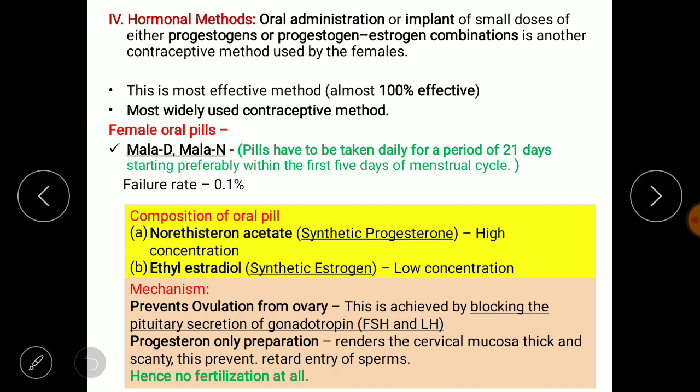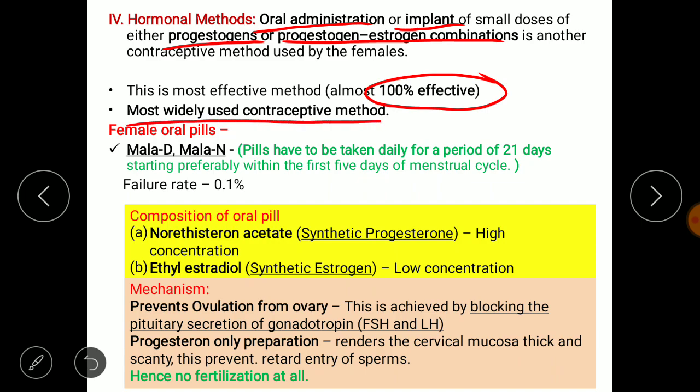Fourth method is the hormonal method. So hormonal method is the oral administration or implant many times of small doses of either progesterone or progesterone-estrogen combination. This is the most effective method and it gives almost 100% effectiveness, and this method is most widely used throughout the world also.